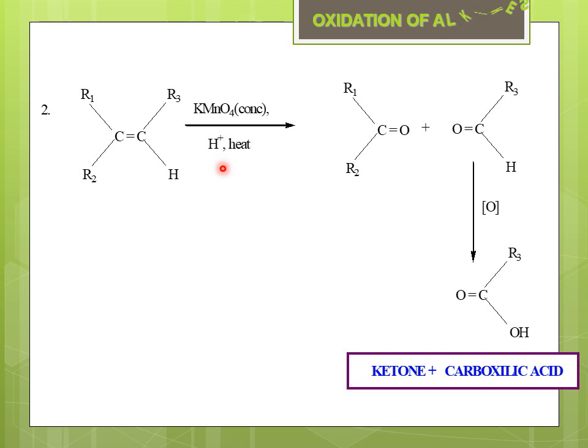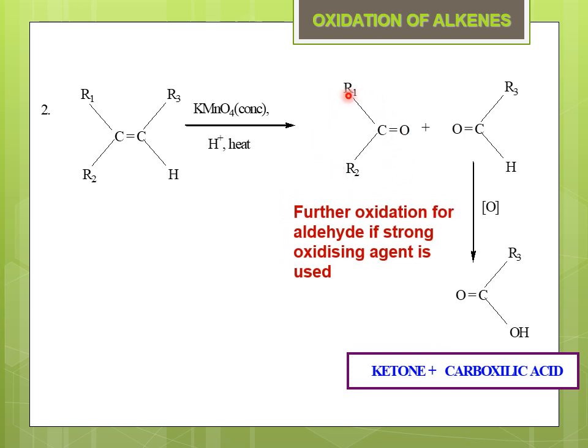The most important thing that you have to remember for this reaction is that the carbon-carbon double bond, the restricted carbon, is going to undergo cleavage, whereby the alkene is going to be divided into 2 parts, the left part and the right part. So here we are going to have R2 and R1 attached to the first product, a ketone over here.